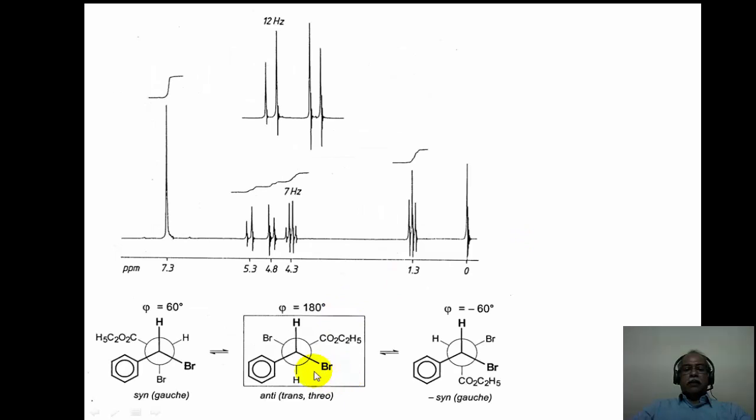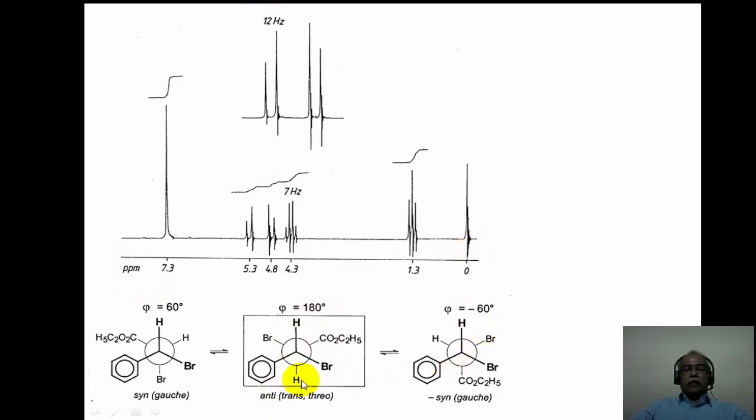Another example, this is a dibromocinnamic acid derivative, a dihydrocinnamic acid derivative. This molecule, again, has the most stable conformation where the two bromines are anti with respect to each other. Hence, the two hydrogens are also anti with respect to each other in the stereoisomer. And the experimentally observed coupling constant value between the vicinal hydrogens is about 12 Hertz. This is an NMR spectrum of this compound.